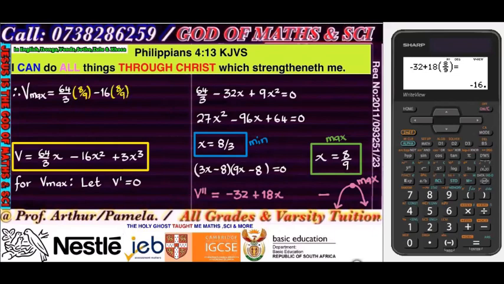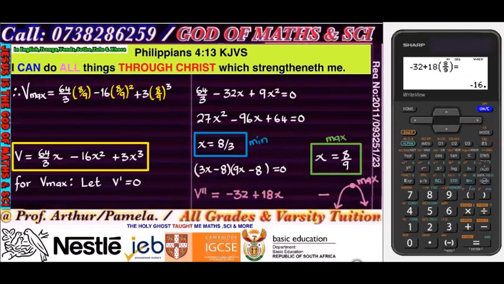There was some work that needed to be done. And then here it will be plus 3, and then into 8 over 9 close to the power of 3.